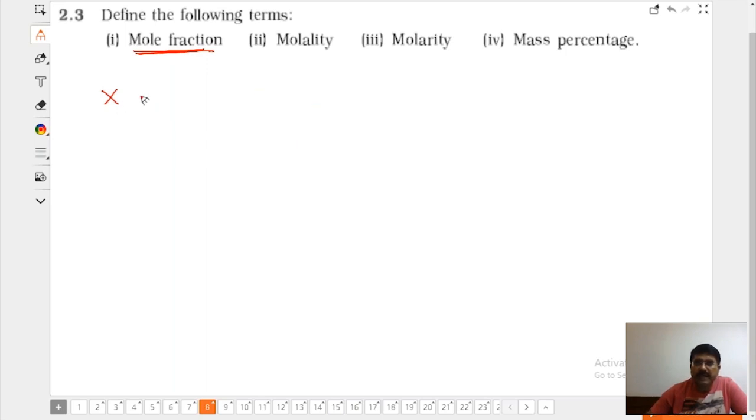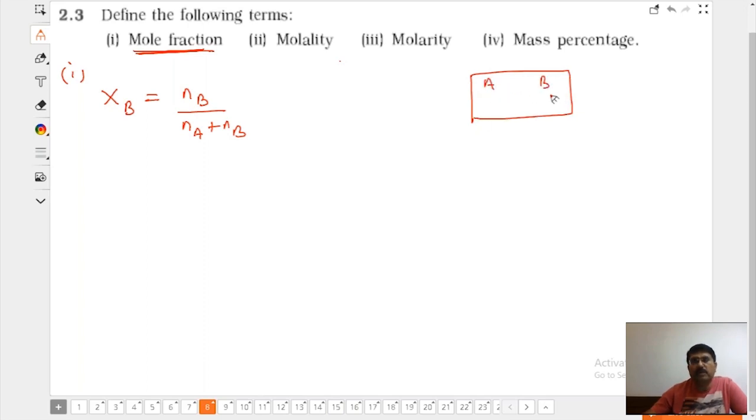Mole fraction is X. X of B is the mole fraction of solute. It is the number of moles of solute divided by the total number of moles. Say we have two components in the solution, A and B. Let it be ethanol and water.